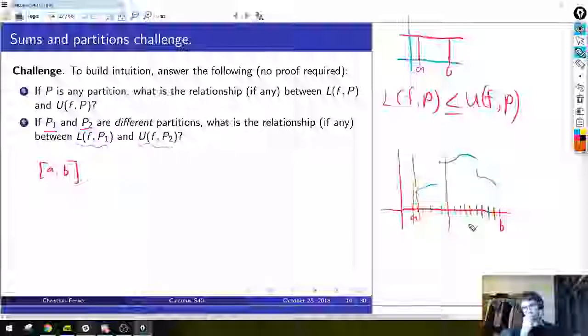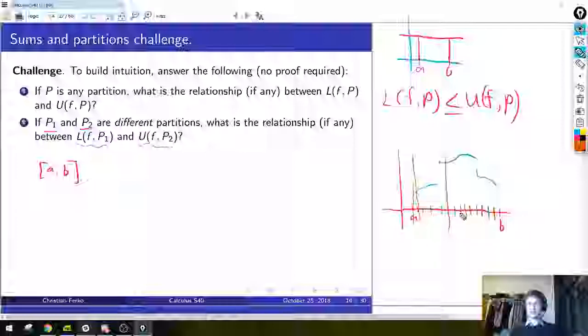You simply said that P1 and P2 are subsets of AB. They're partitions, right? So they take up the range somehow. These are both just lists of points, t0 up to tn, such that the lowest point is A and the highest point is B, right?